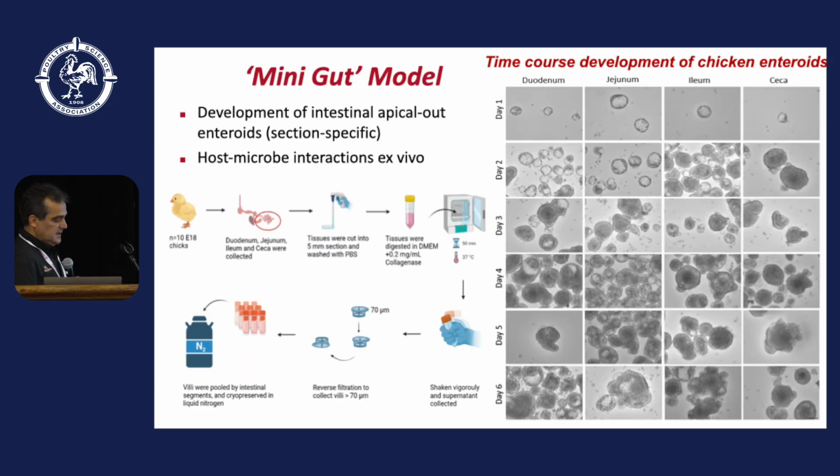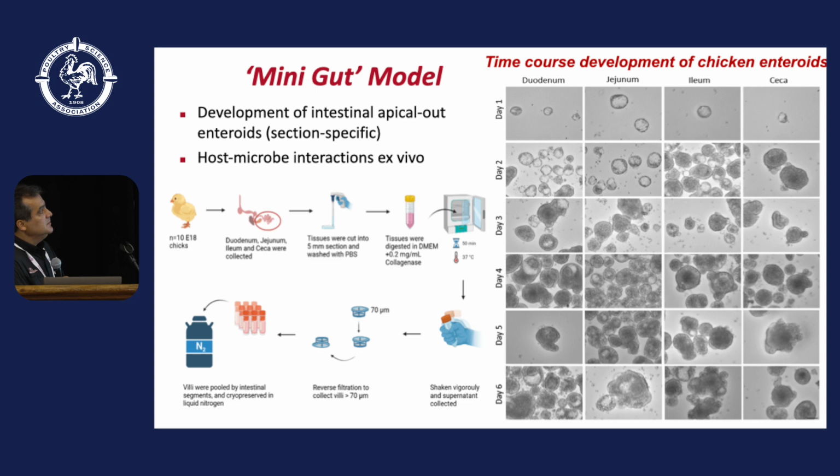Last but not least, if you all went to my student's presentation on Monday, she did a fantastic job looking at a mini gut model. She developed all of this herself, taking intestinal sections from the embryo, culturing them, and building enteroids, basically what we call apical out. Okay?